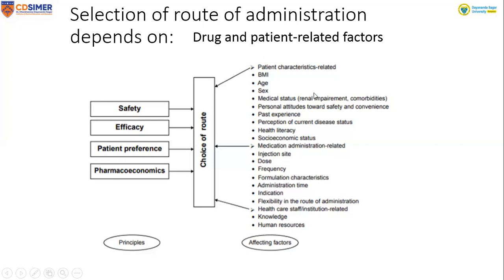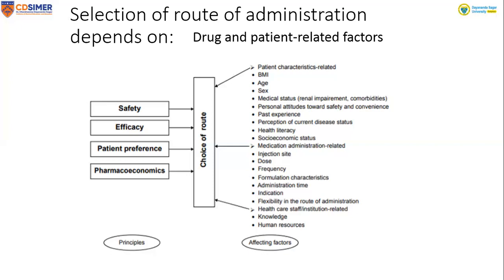So like this, varieties of factors are there which we are going to discuss in detail when we are talking about each and every route of administration. Okay, at that time I'll be giving some highlights about how these are going to affect the choice of the route of administration.